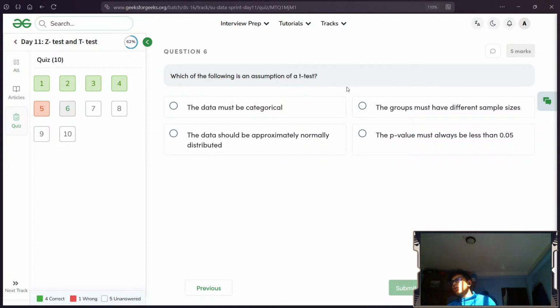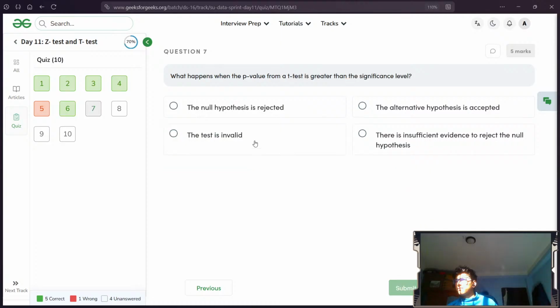Data must be categorical, groups must have different sample sizes, the data should be approximately normally distributed, the p-values must always... What happens when the p-value from a t-test is greater than the significance level?